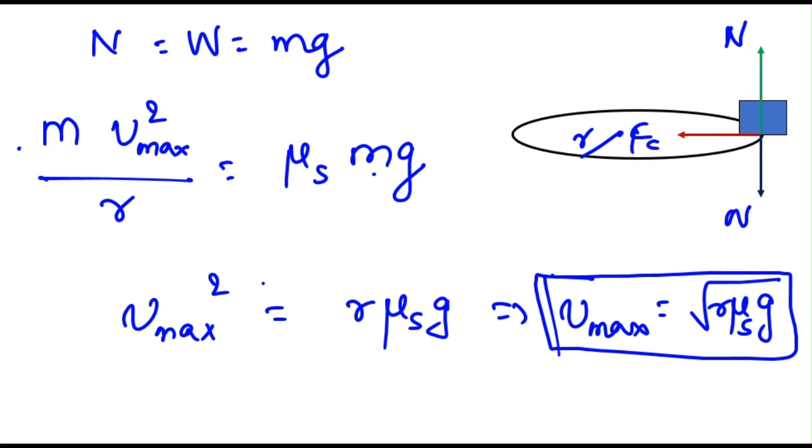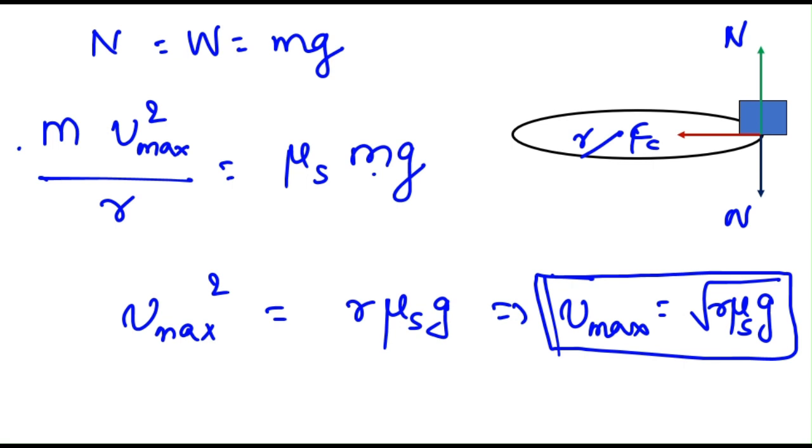So here we are getting the maximum velocity with which a body can move on a circular track, provided that we have the coefficient of static friction mu s and the radius of the circular track r, and of course acceleration due to gravity g. This way we can find out the maximum velocity of a body which is taking a turn on a circular track.